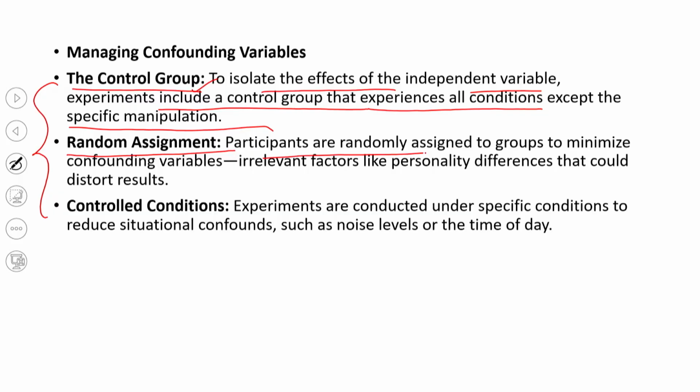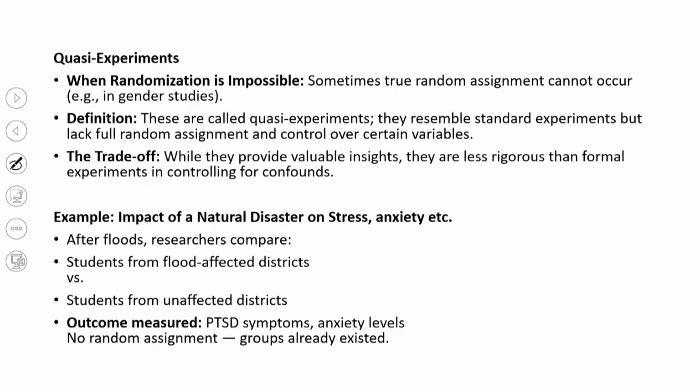So, participants are randomly assigned to groups to minimize confounding variables, individual differences and so on. Irrelevant factors like personality differences that could distort results are generally cancelled out in random assignment. Then, experiments are conducted under very specific, controlled conditions in a laboratory and so on, so that you are able to control a lot of situations. That is why cause and effect can be very clearly seen in experiments.